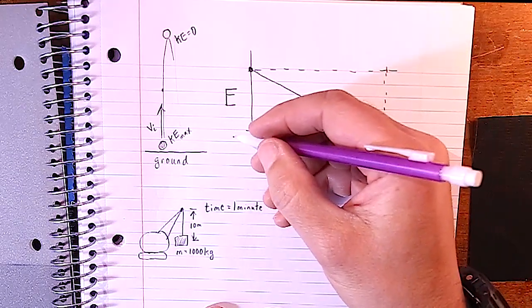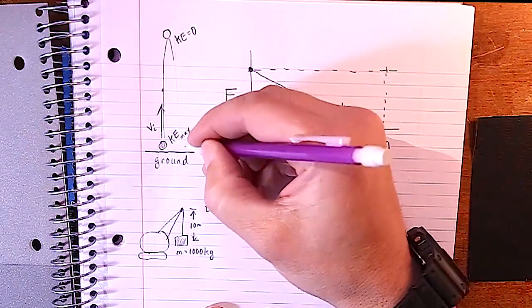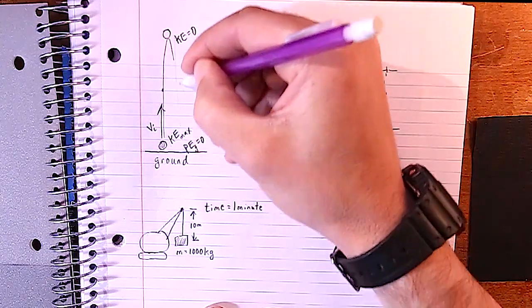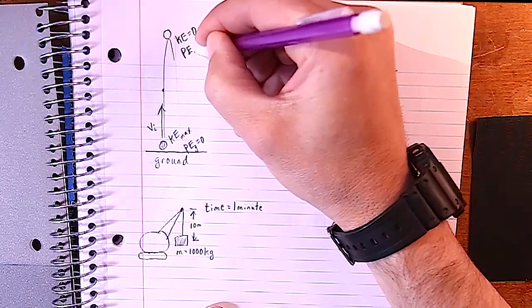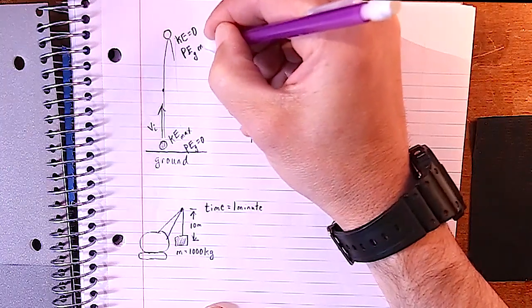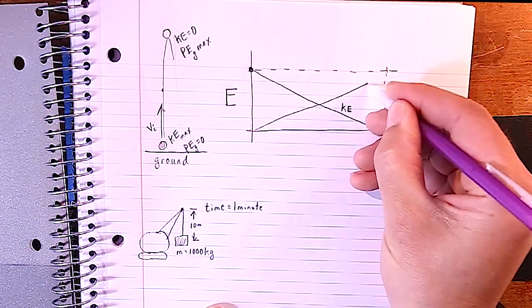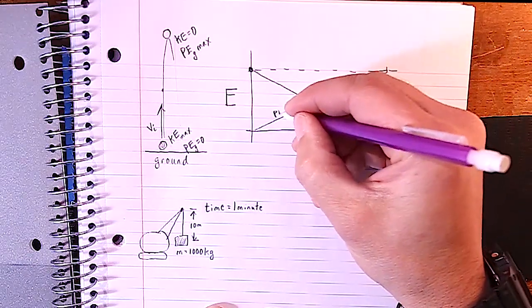But the gravitational potential energy, it starts at 0, so PEG is 0. And that goes up as it goes up until it gets to the top, and that would be its max. So the PEG graph would look like that.